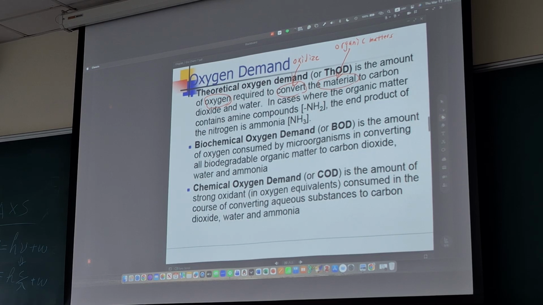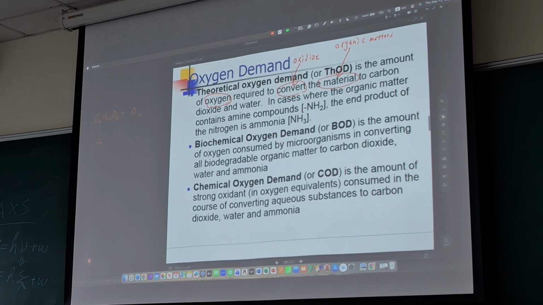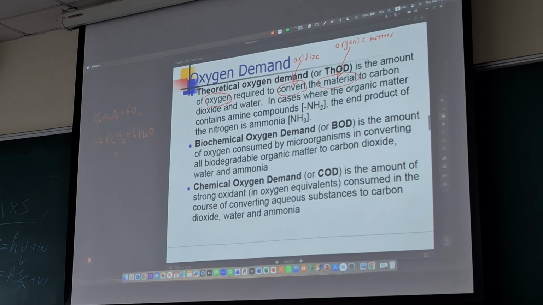Okay, for example, glucose oxidized into carbon dioxide and water. 6, 6, 6. Okay, so this is the so-called theoretical oxygen demand.